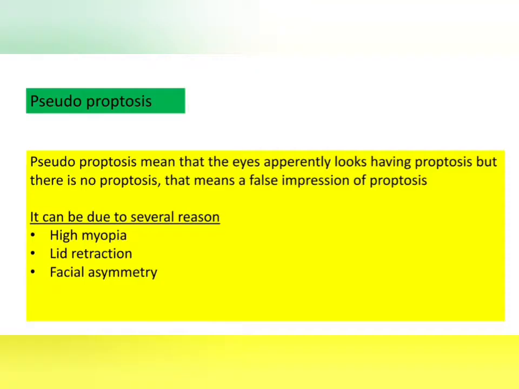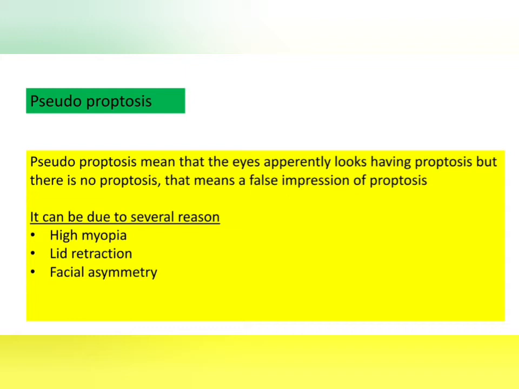Now, pseudo proptosis. We talked about proptosis, where there is forward movement of the eye, but in pseudo proptosis the eyes seem to have proptosis, but actually there is no proptosis. That is why I wrote false impression of proptosis. It can be due to several reasons.